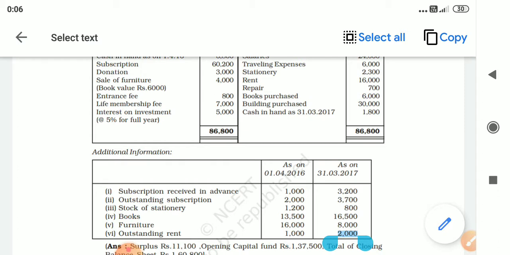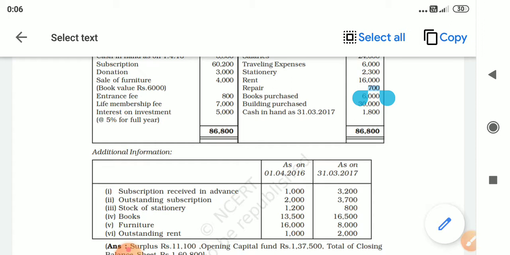And 2,000 will appear on the liability side of the closing balance sheet, that is the current year's balance sheet. So this is over. Next, repair on the expenditure side of income and expenditure account. Now you have books purchased and building purchased. These are assets. So they will not come in income and expenditure account.